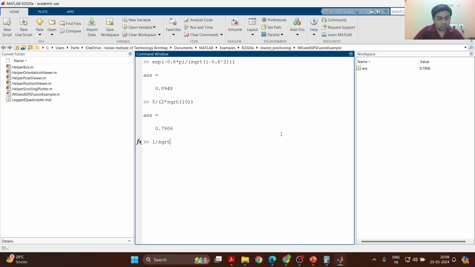N is 1 by 4 root of 10. Omega n is 0.31.